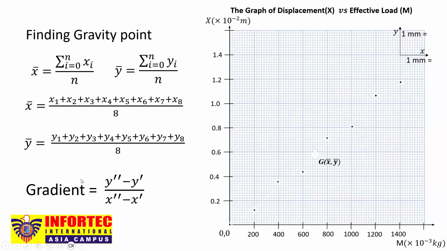Then you select 2 points, y dash and y double dash on the y-axis, and according to the x points, x dash and x double dash. Then the gradient is equal to the data change, delta y divided by delta x. This is the gradient of the graph, right?